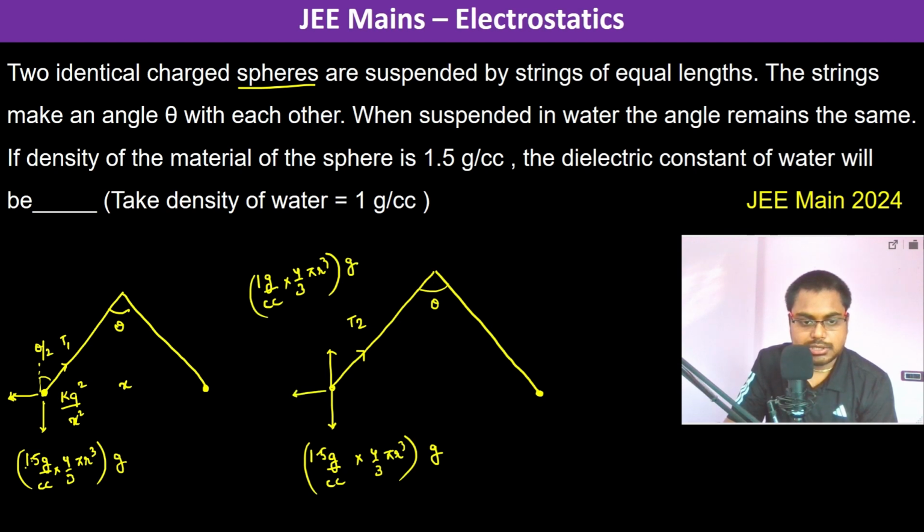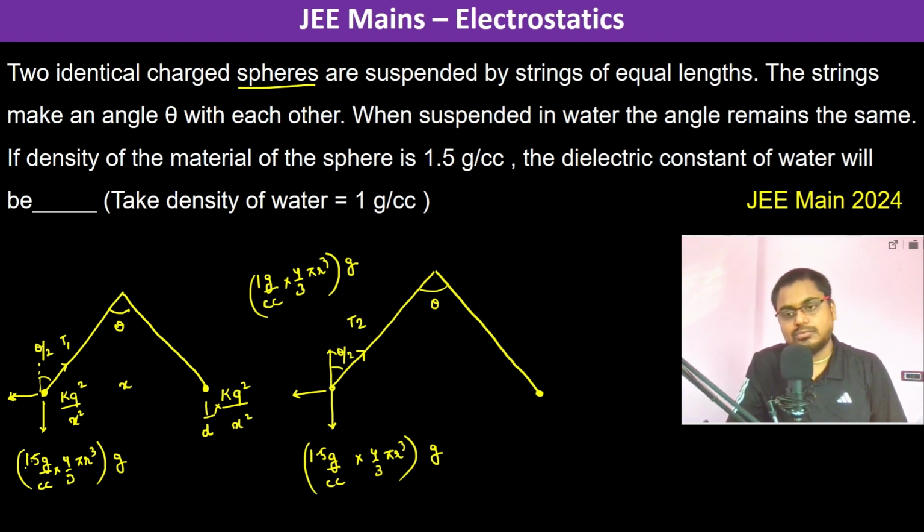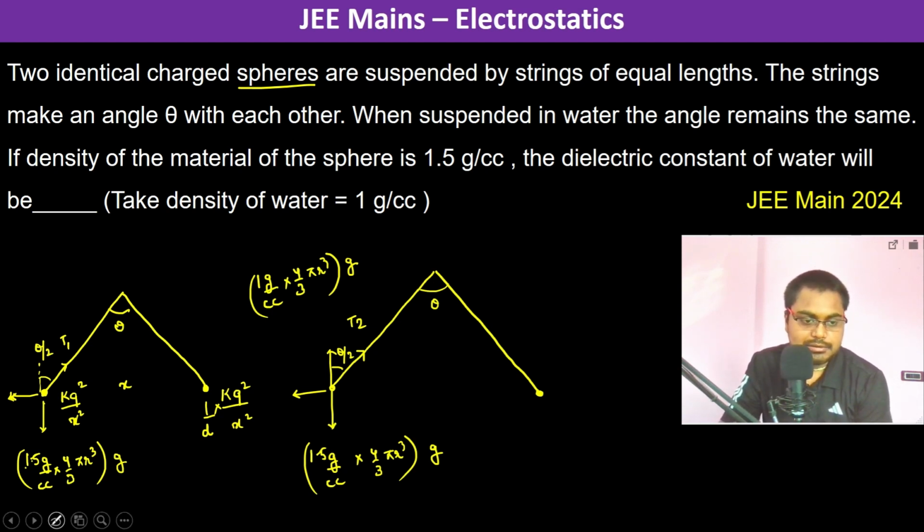Now this force has a dielectric constant also, so this is kQ square by x square into 1 by d. Here also the theta is going to remain the same, so it's theta by 2. So in both cases tan theta by 2 remains the same.